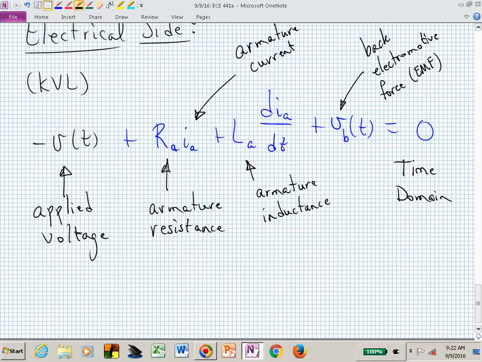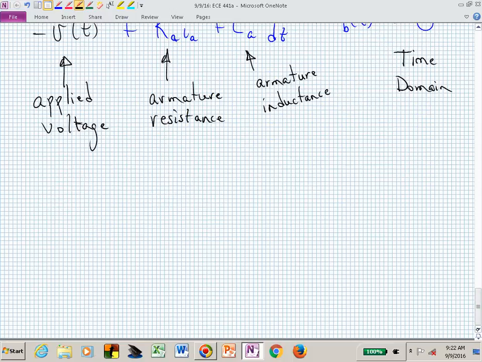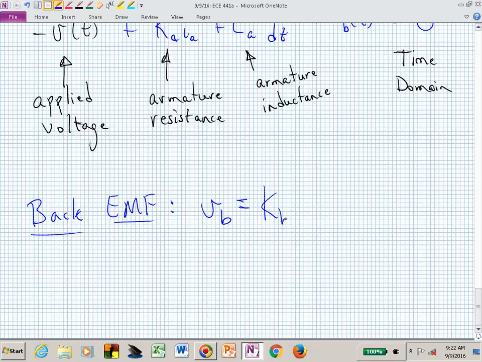And that's a time domain equation. Let's look at the back electromotive force a little bit more carefully, or just show the pieces that make it up. V sub B, I said it was a dependent voltage source. V sub B is actually proportional to the velocity of the motor shaft, which I'm labeling as omega.